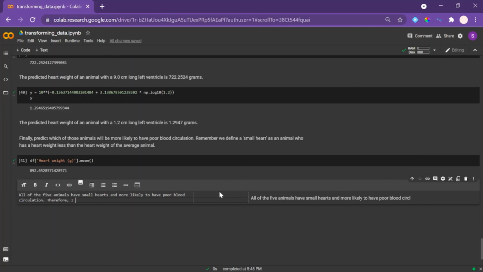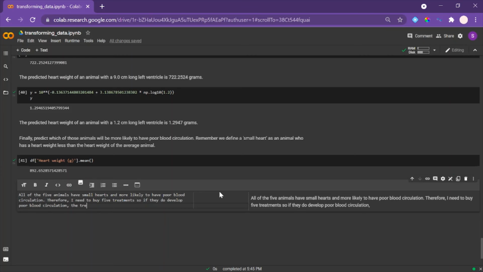Therefore, I need to buy 5 treatments so that they may be treated if they do develop poor blood circulation.